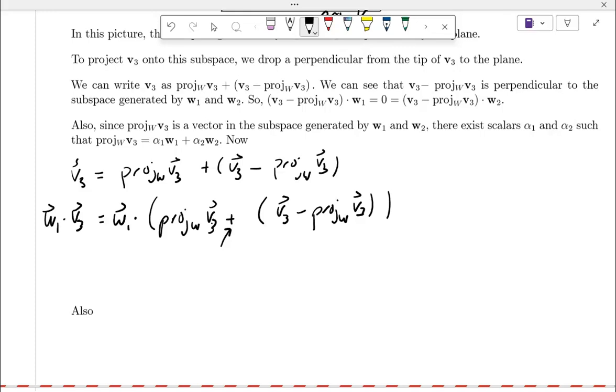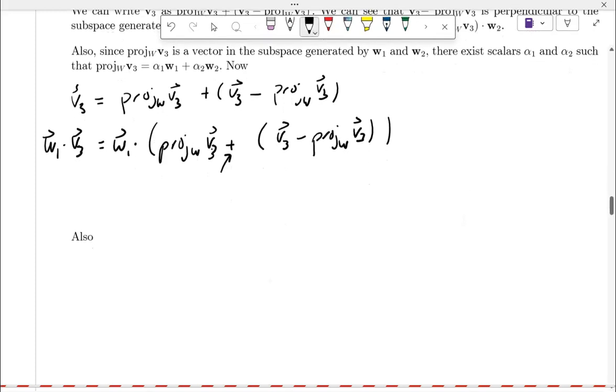Because this is what I set up here. This particular subtraction, this vector, is orthogonal to everything in W, so it's orthogonal to W1. So when I take my W1 and dot it this way, that part becomes 0. Now remember, our projection of V3 onto W is some vector in W. I can write it as a linear combination, and we were supposed to figure out what this alpha 1 and alpha 2 are.